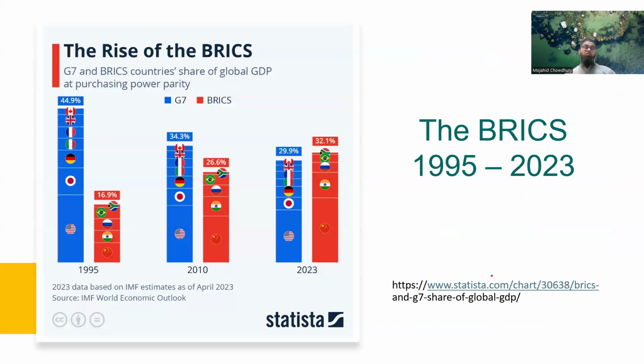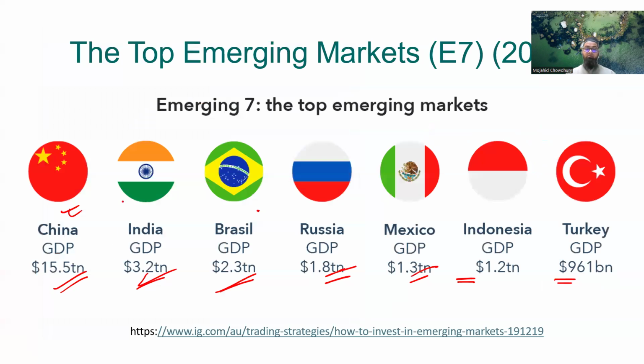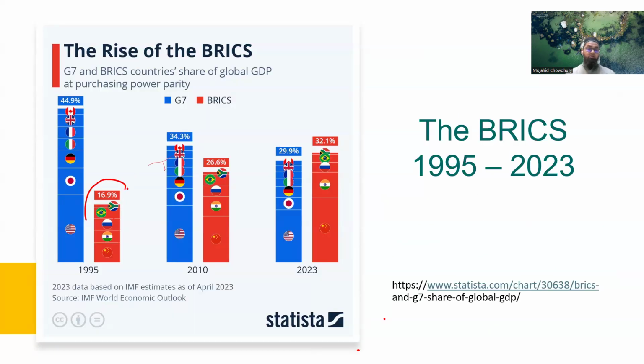Let's have a look at the BRICS. You see BRICS in 1995, where Russia, China, India, and South Korea were having only 16.9%. On the other hand, developing countries used to have almost 45%.